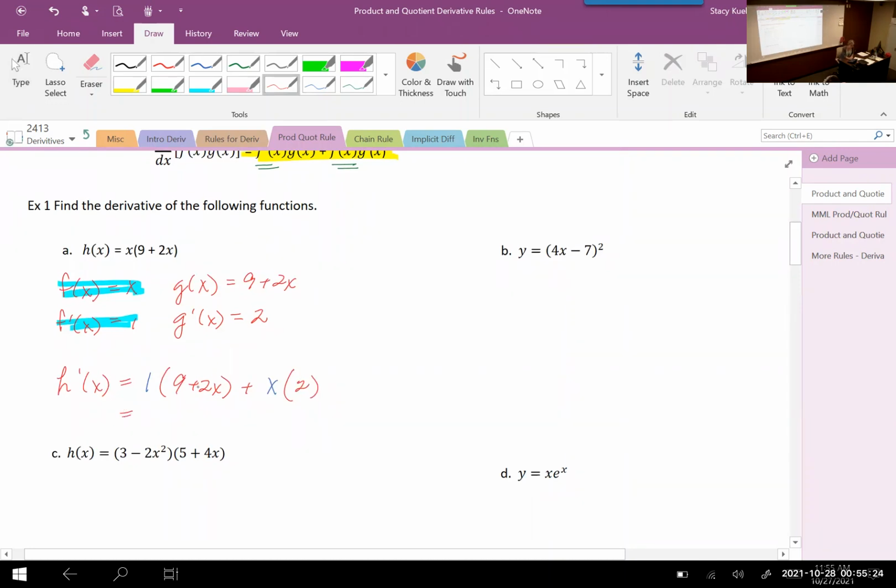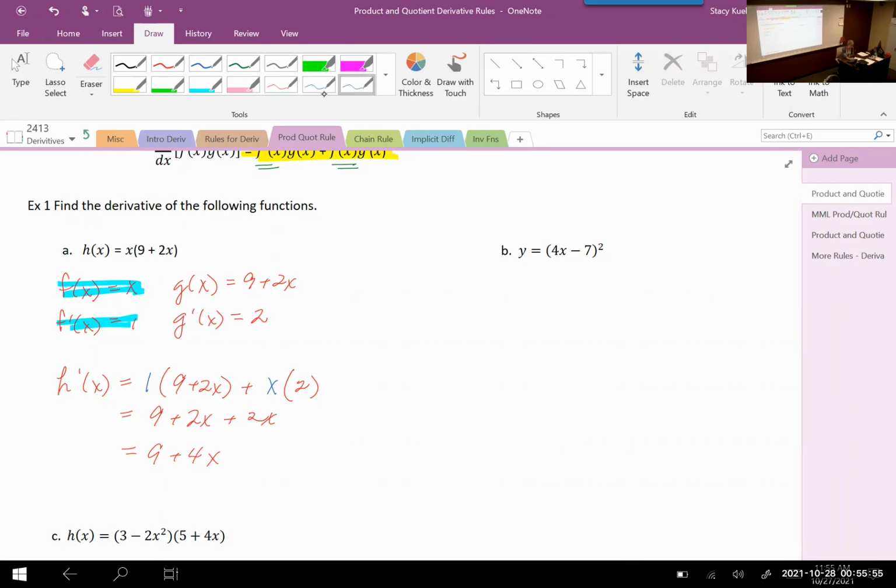So we end up with 1 times 9 plus 2x, or 9 plus 2x plus 2x, which is equal to just 9 plus 4x. I feel like we worked that problem yesterday or in your notes, it looked awfully familiar, but anyway, that's how you do it using the product method.